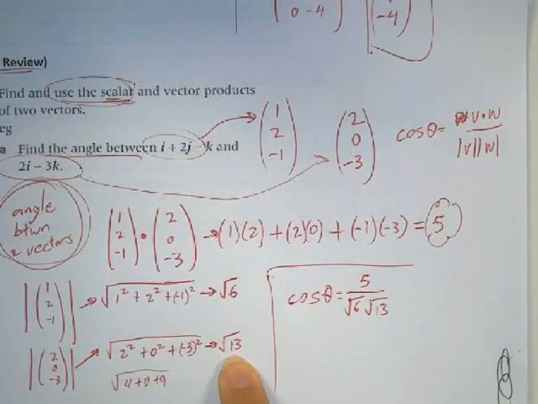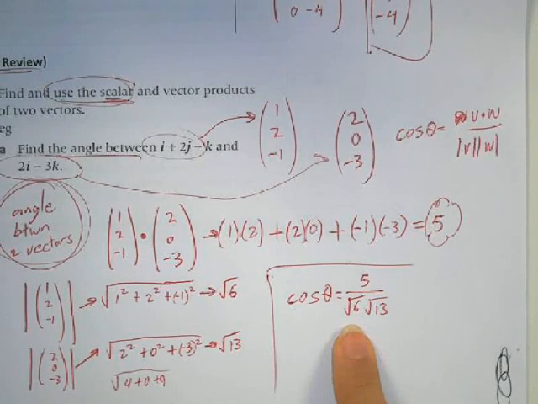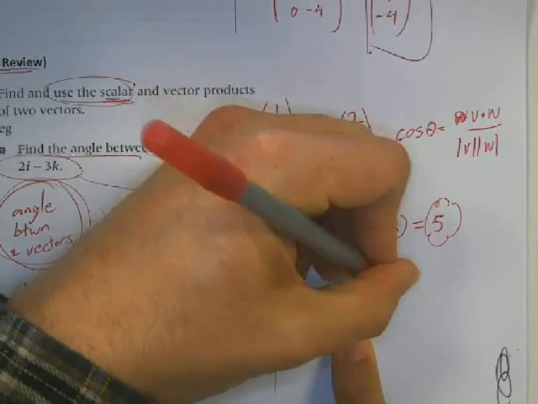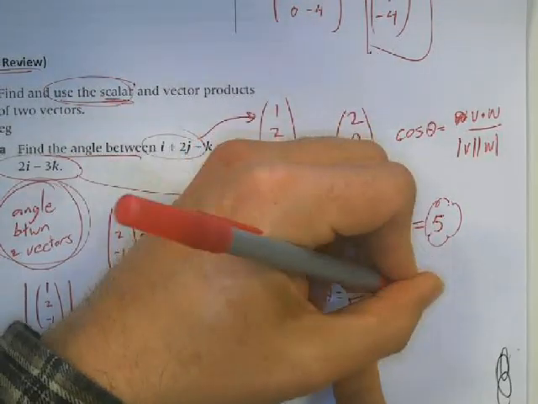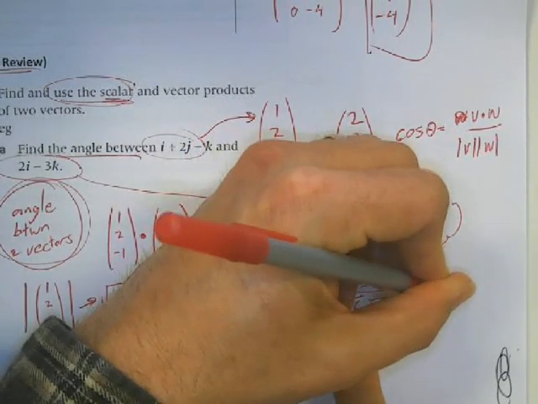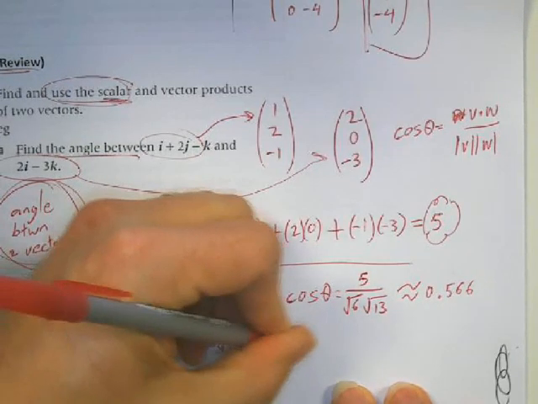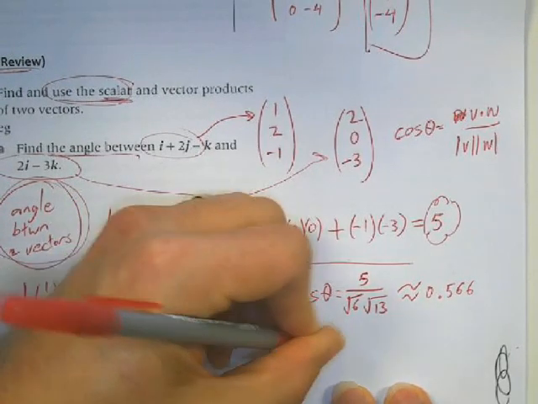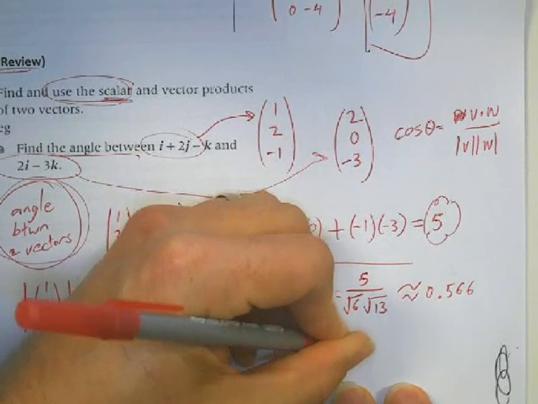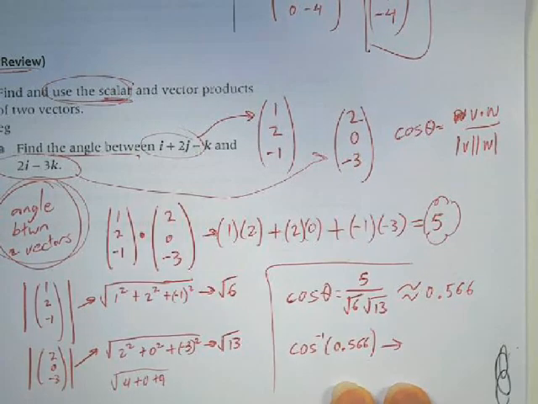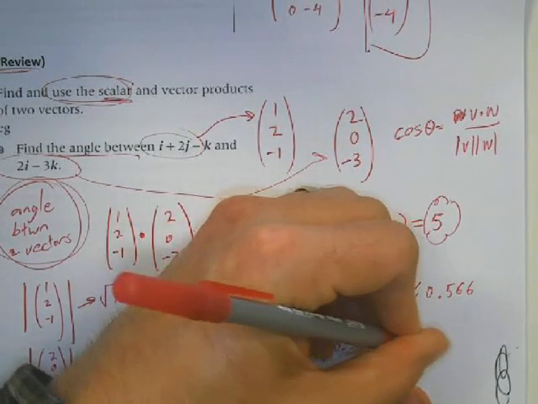If I plug this into my calculator, I get approximately 0.566. Then if I do my inverse cos of that value, I end up with 55.5 degrees.